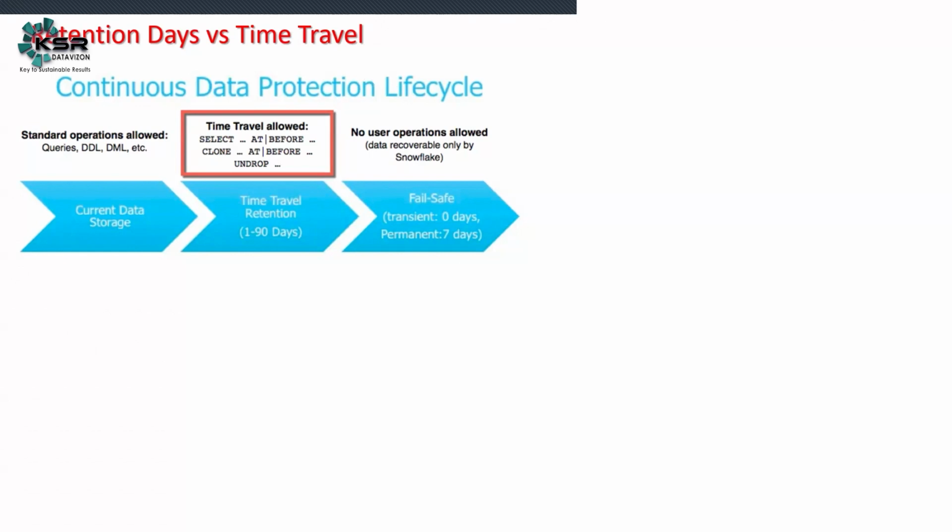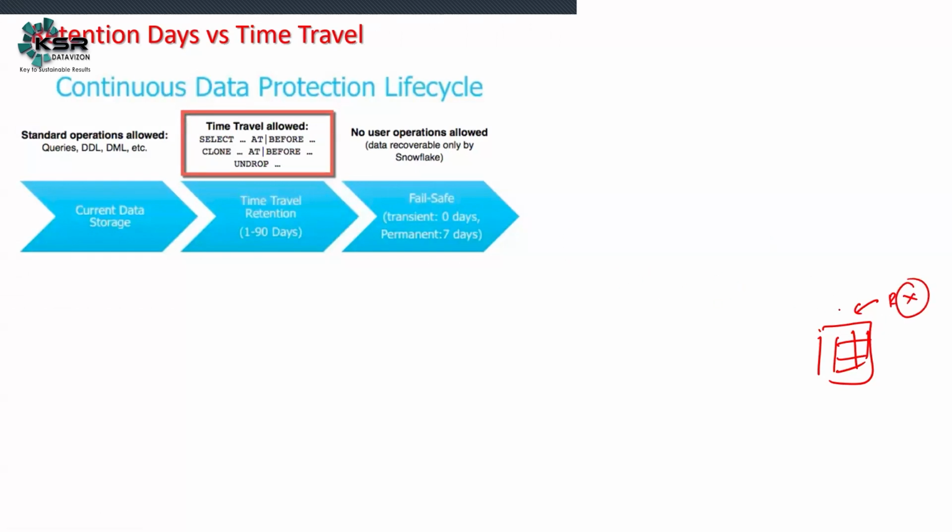Retention period is a time duration for which Snowflake keeps your historical data, like your deleted or modified data. I also explained that this doesn't mean the data in your main table is removed beyond that retention period. That's not the case.